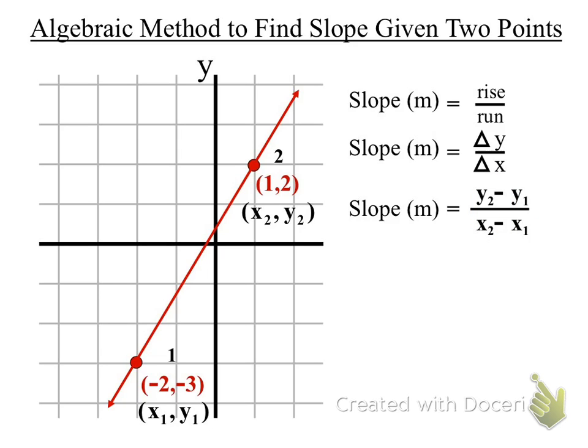Okay, so now what am I substituting in for the second point? Sarkis. Substituting 1 and 2. 1 for the x, and for the second y, I'm substituting in what? 2. And what am I substituting in for the first y? -3.